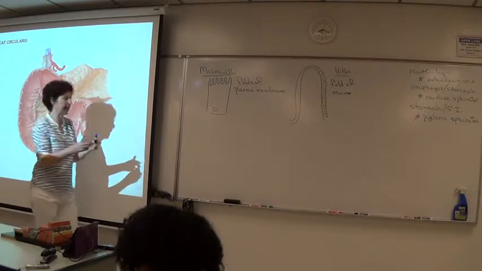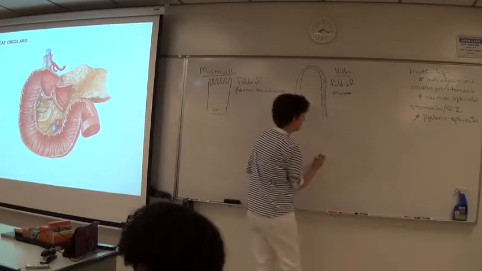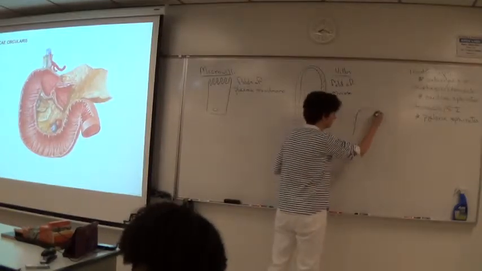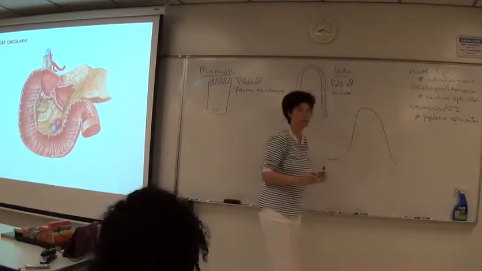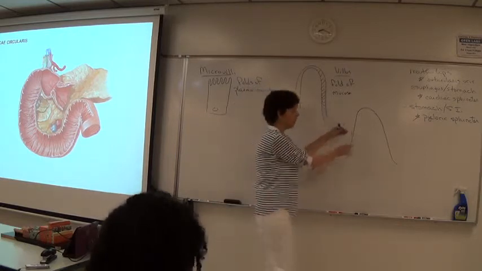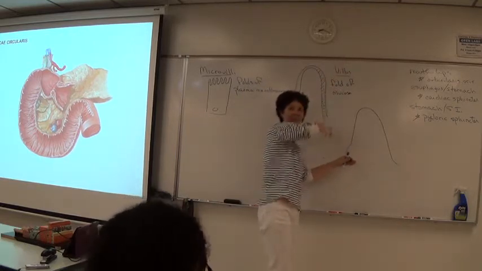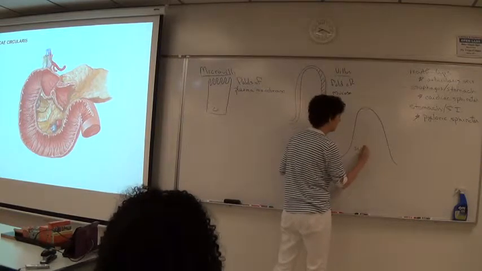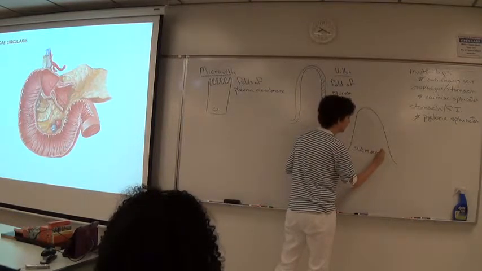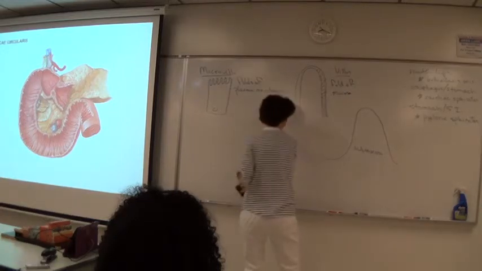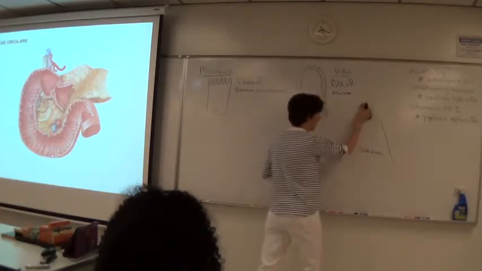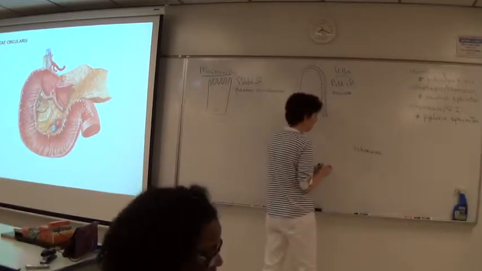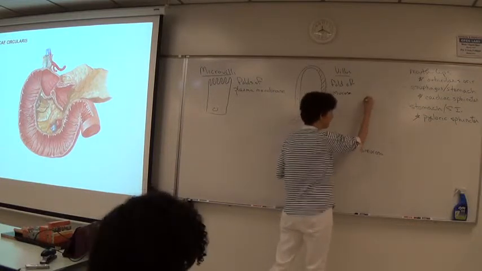So if I were to take that, again, this would come out and around to create a ring. This is submucosa here. So rather than drawing that in black, let me draw that in red, because that would represent our muscularis mucosa.